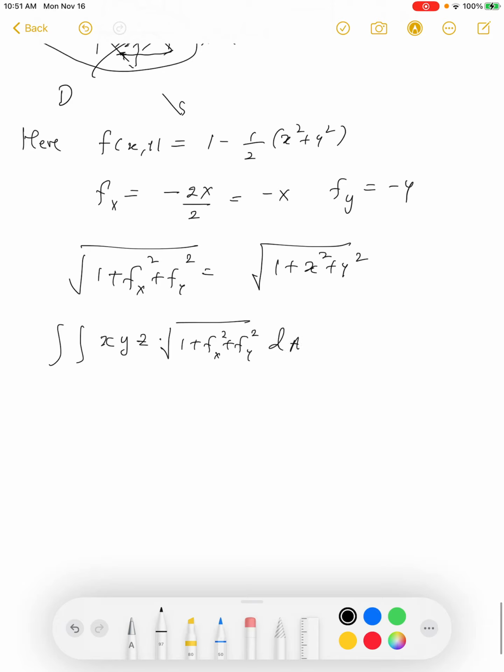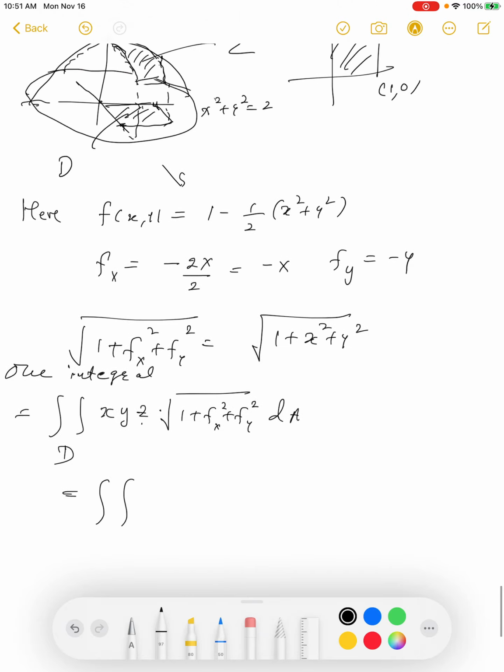Good. And then I'm integrating the function xyz times this thing root of 1 plus fx square plus fy square over the region D, dA over the region D, our integral equals this. And now I want to just write down my z.